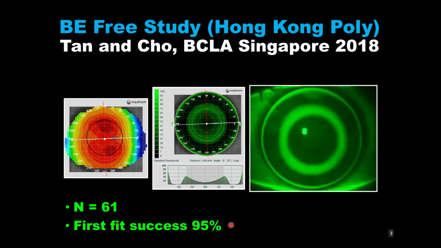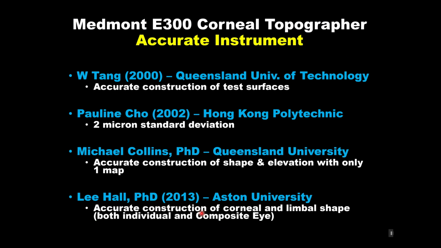So one can say that the Medmont topographer is incredibly accurate if it's able to achieve a 95% first fit success.